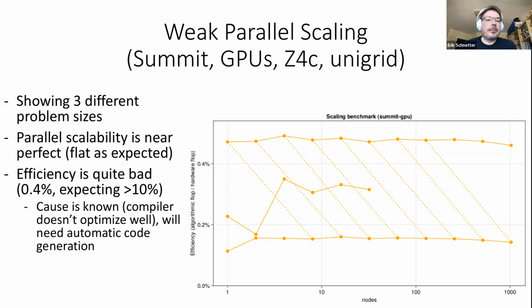The efficiency is that you calculate the number of floating point operations that the code needs to do, and you divide that by the number of floating point operations that the hardware can do in the same time. A good code should be somewhere between 1 and 10%, maybe 5 for a good code, 15 for an amazing code, and we are below 1%. That means the code is inefficient. We looked at the code and we know why.